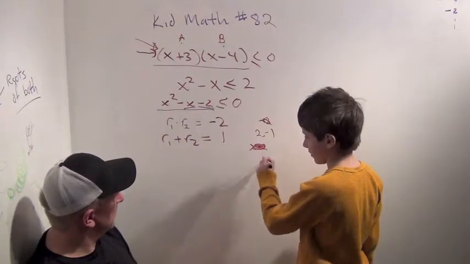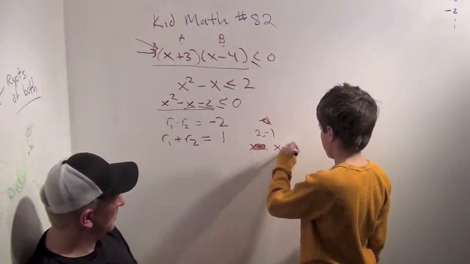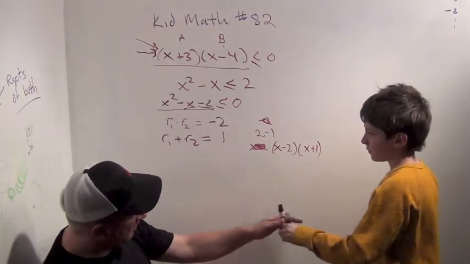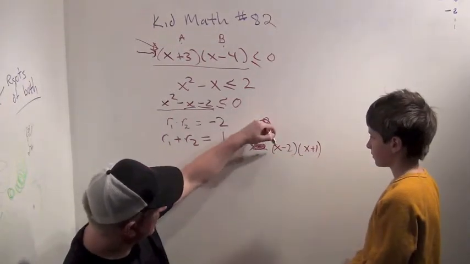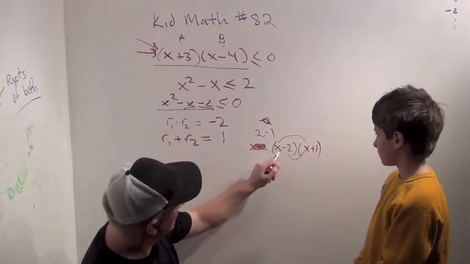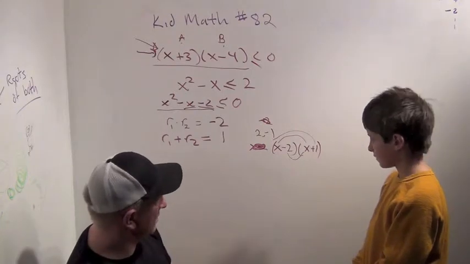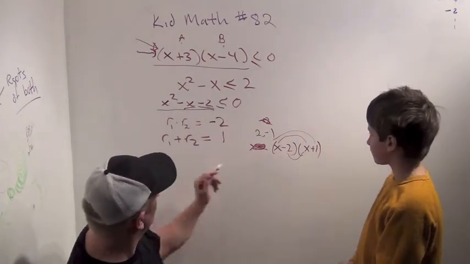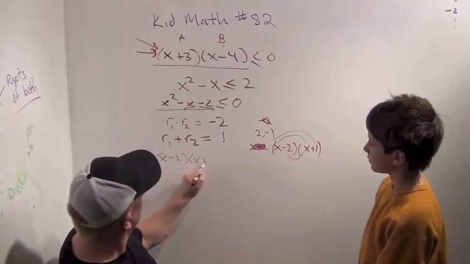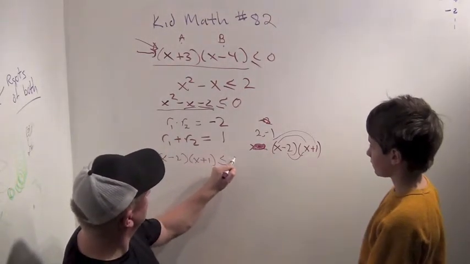It's x minus 2 times x plus 1. Very good. If you multiply this out, you get x squared minus 2x plus x, which is minus x, and minus 2. So this factors into x minus 2 times x plus 1 is less than or equal to 0.